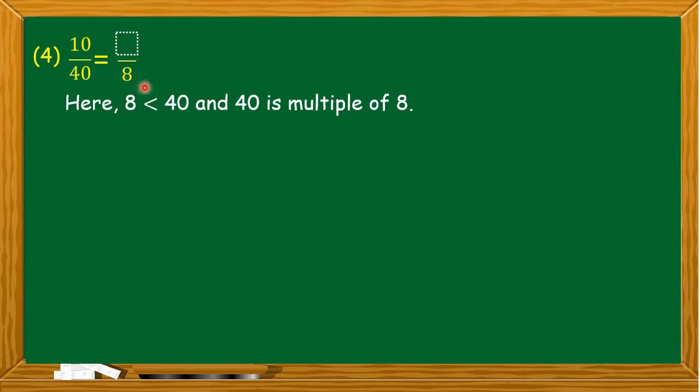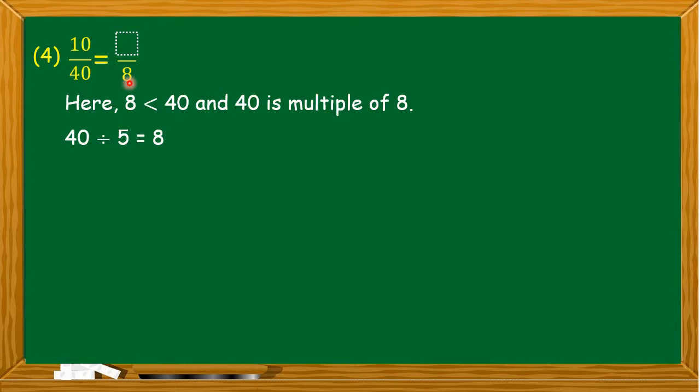Here the denominator of the missing numerator is 8, which is smaller than the denominator of the first fraction, that is 40. Hence, we have to find out the number by which when 40 is divided gives the answer 8.